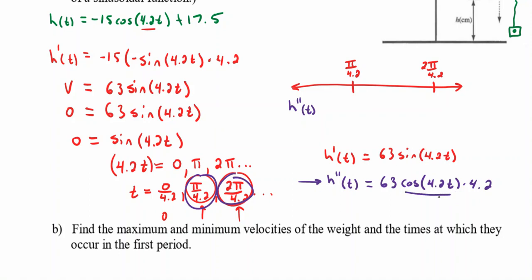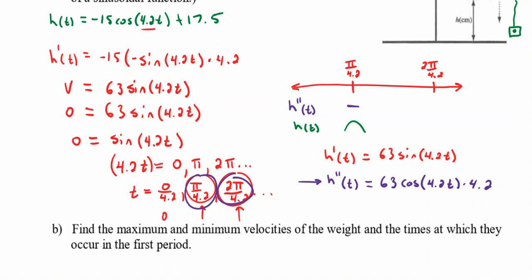So cos of pi would be -1, which means this thing is coming out negative at that point. And I know it's either a max or a min. That means h of t must be opening down, because if it's negative, it'd be opening down like that. So that must be a max.